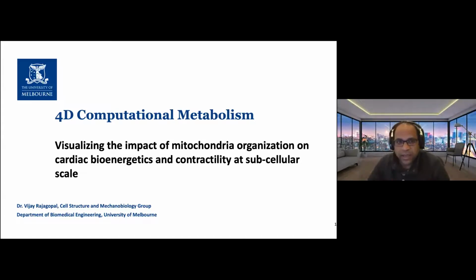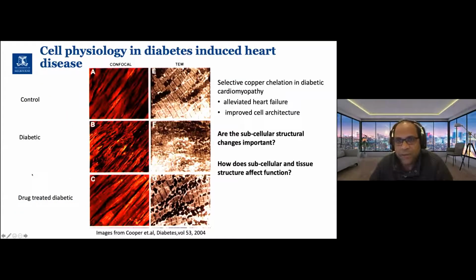So today, I just want to very briefly discuss the work that we're doing in my research lab at the University of Melbourne. And I always open with a starting slide, which is not from my lab. It's the work that actually inspired me to get into this space. What you see here on the left are confocal images of cardiac tissue architecture.